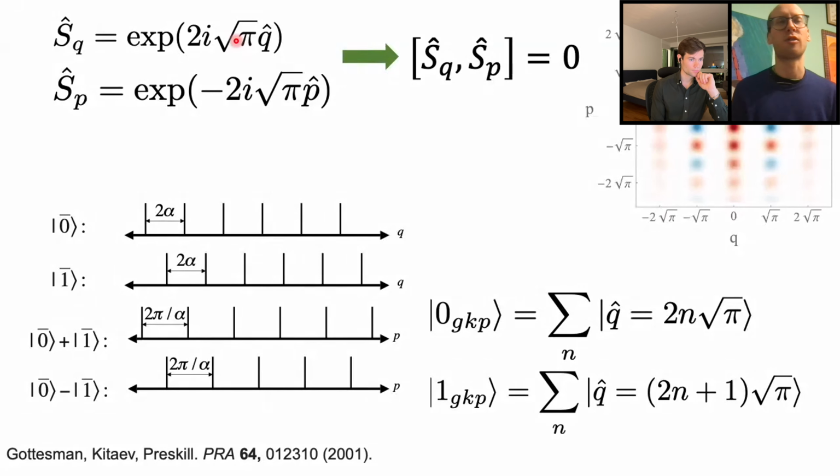You are getting an information between minus square root of pi over 2 to plus square root of pi over 2, and you would be getting that independent of whether your actual value of position was 0, square root of pi, 2 square root of pi, 3 square root of pi. So you are extracting less information.